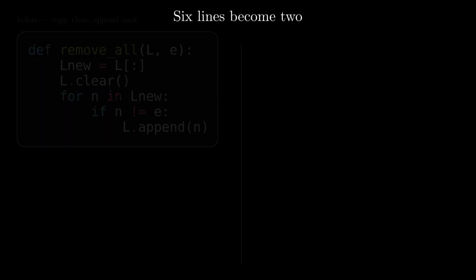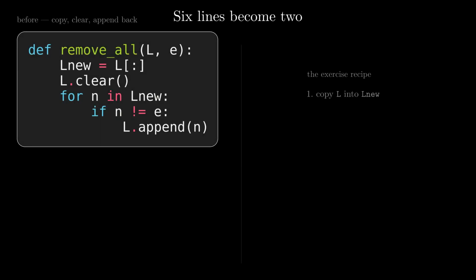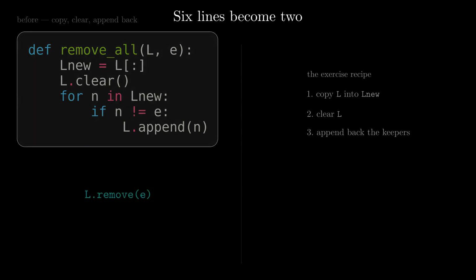Remember remove all from the exercise. We copied the list, cleared it, then appended back every element that did not match E. Remove gives us a far shorter route. We know the value we want gone, and remove deletes an element by value. So the body is just L.remove(E), but that kills only the first copy, and the list may hold several.